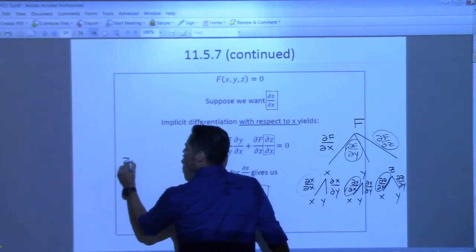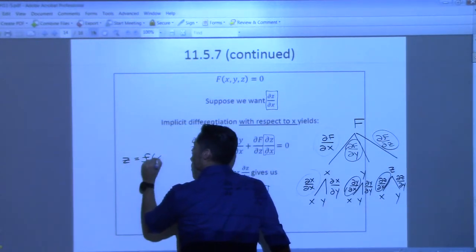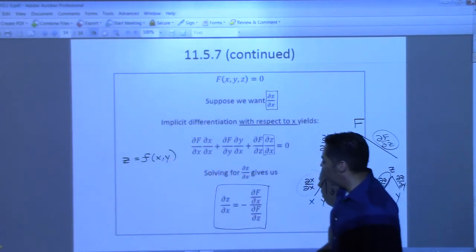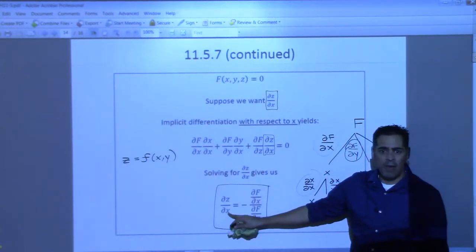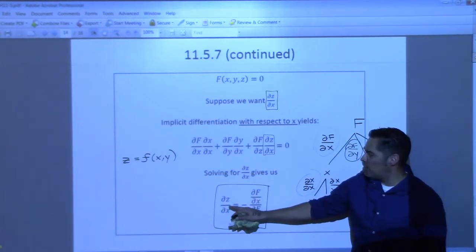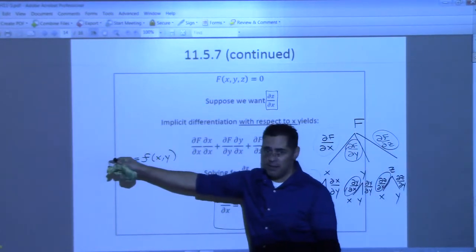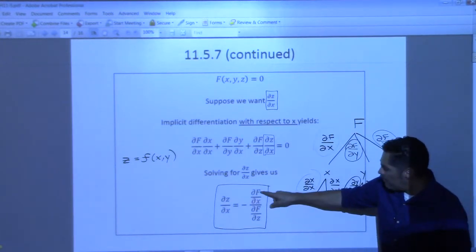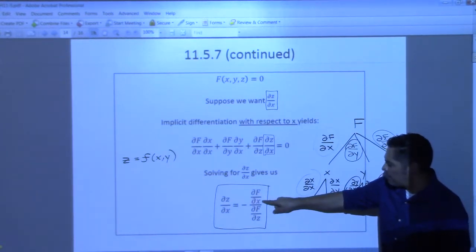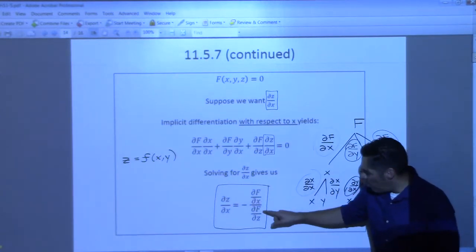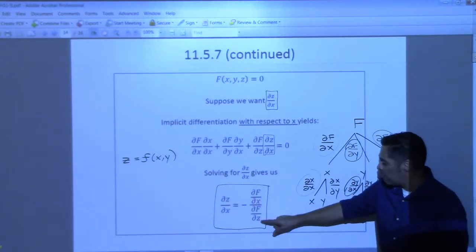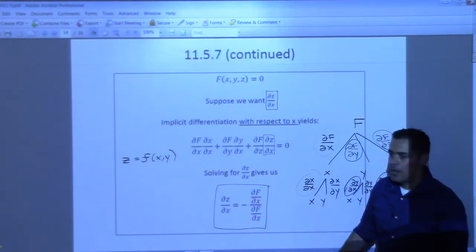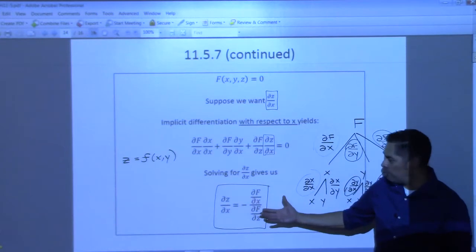If somebody gives you z as a function of x, and we want to know the partial of z with respect to x, then we can move everything over to one side, call that capital F, take the partial derivative of that with respect to x, over the partial of F with respect to z, and put a negative in front of it. That's how we can find that partial.